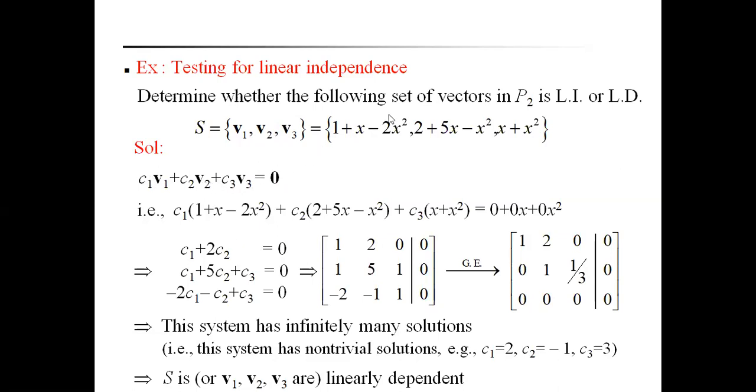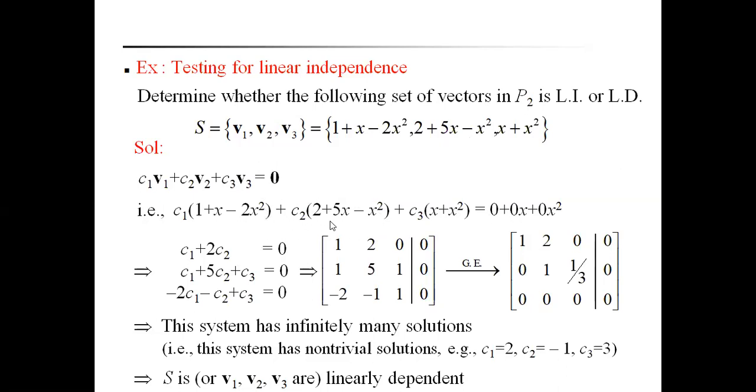C1 into the first polynomial vector 1 plus x minus 2x square, plus C2 into 2 plus 5x minus x square, plus C3 into x plus x square. Therefore, it is equal to the 0 vector, which can also be written in the form of a polynomial: 0 plus 0 into x plus 0 into x square.